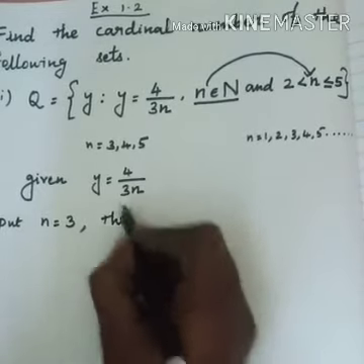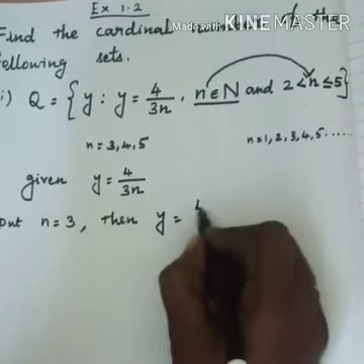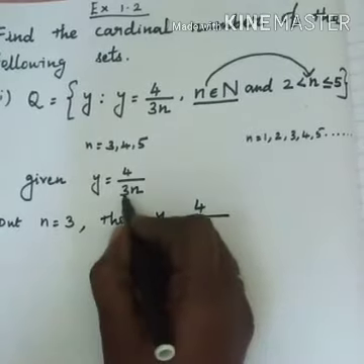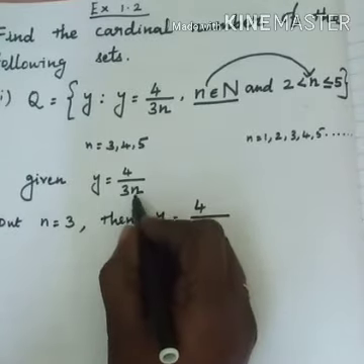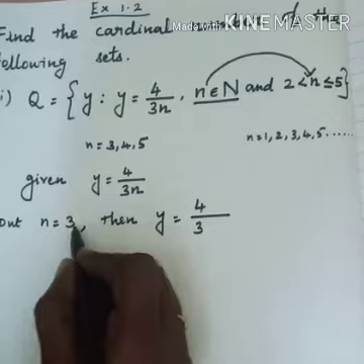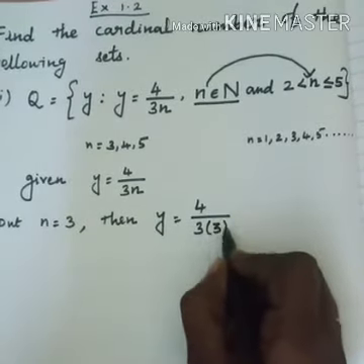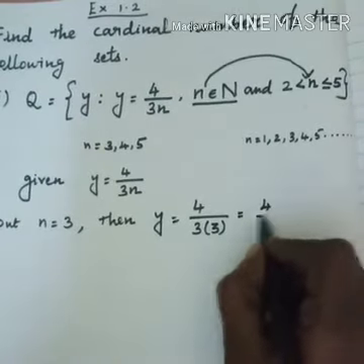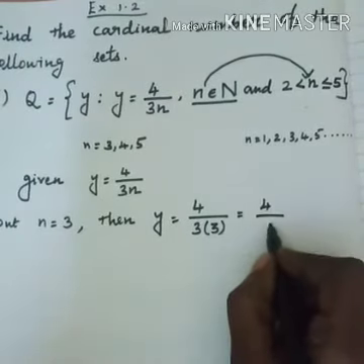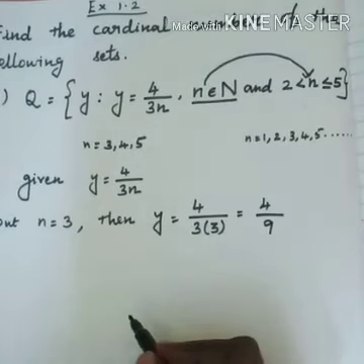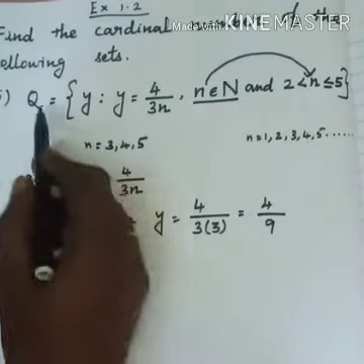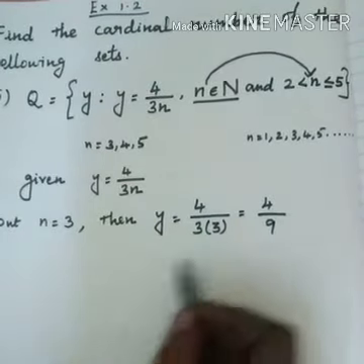Then y is equal to 4 by 3 into, instead of n, we substitute 3. So 4 by 3 threes are 9, 4 by 9. The first element of Q is 4 by 9.